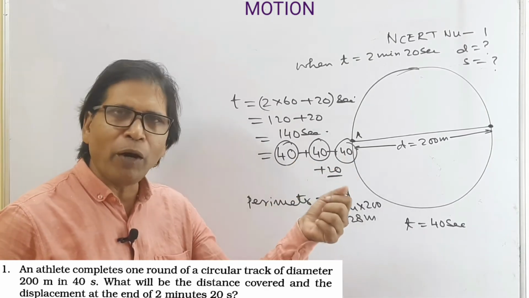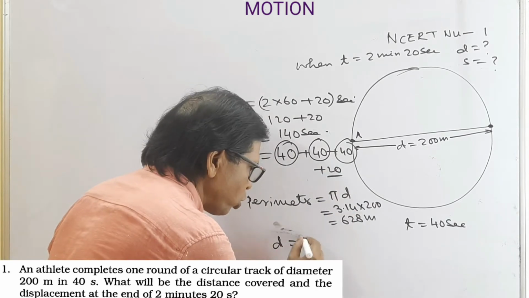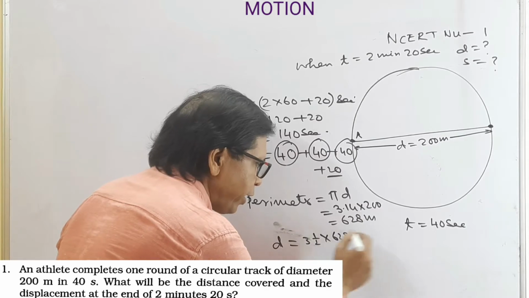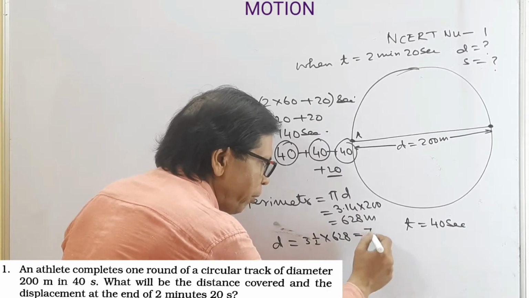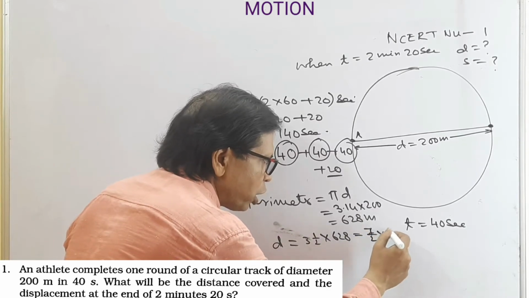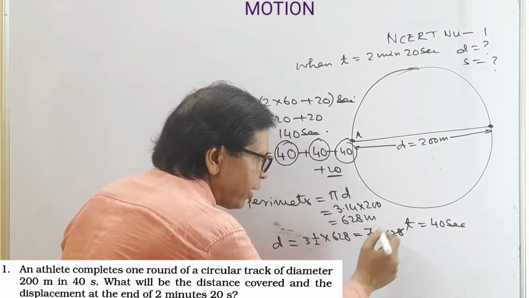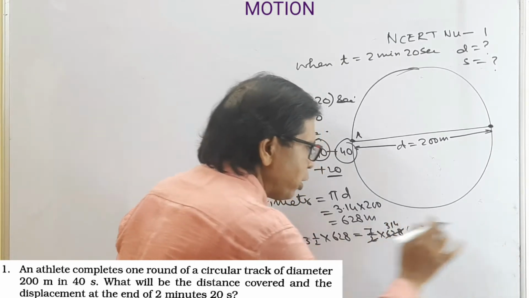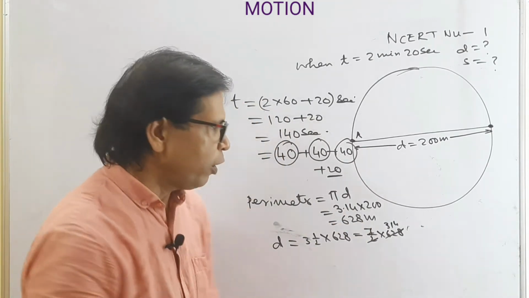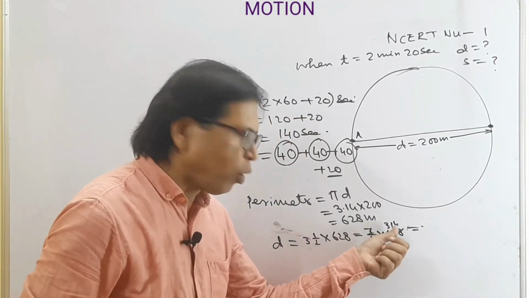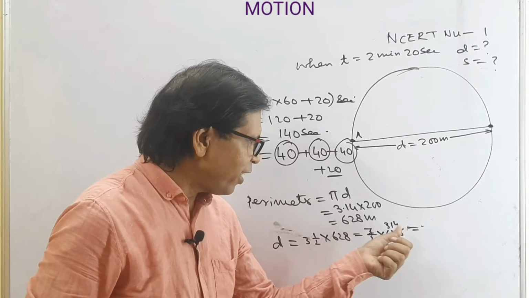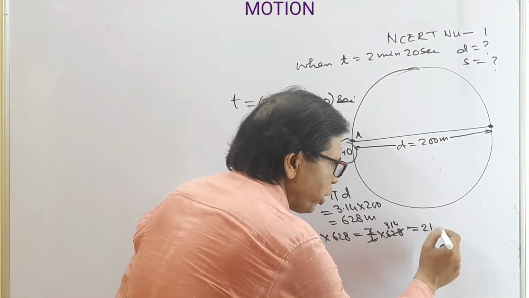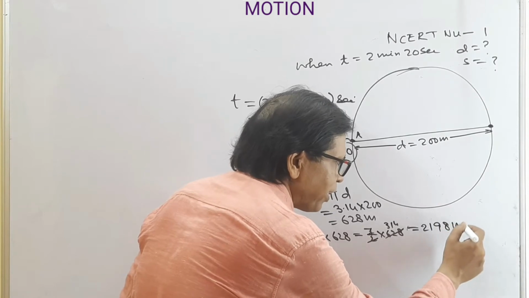So in 3.5 rounds, the total distance d equals 3 and a half into 628, that is, 7 by 2 into 628. Now this is 314. Multiply 314 by 7: 7 into 4, 28; 7 into 1, 7; 7 into 3, 21. So the distance covered is 2198 meter.